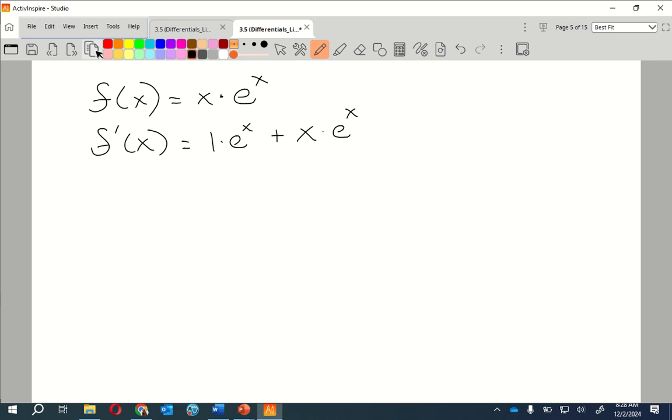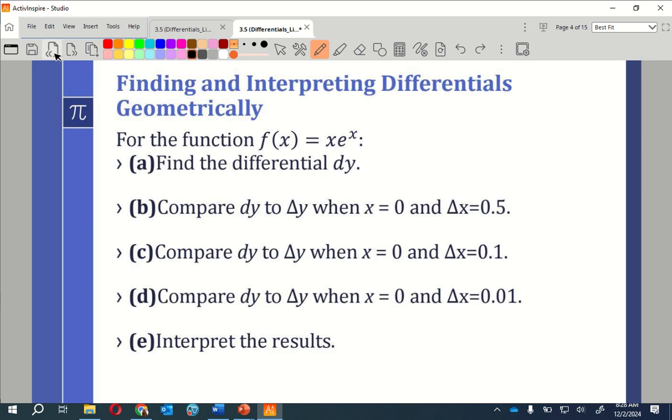Okay, so that's my product rule. So that's my f prime of x is equal to e to the x plus x e to the x. Okay, so I have that right now.